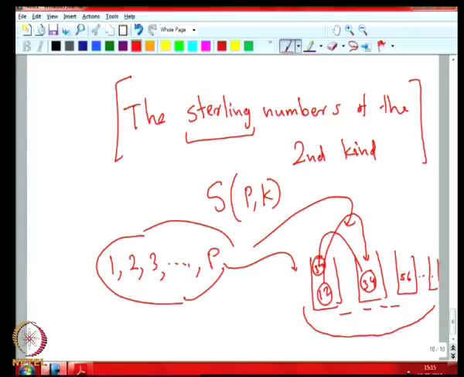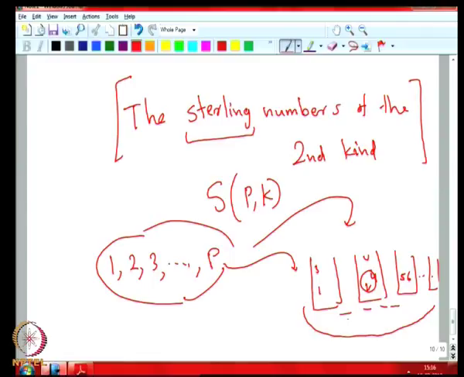As far as an outsider sees, it will be the same, because he sees 1 and 2 together in one box, 3 and 4 together in one box. But if you take 3 from here and put it with 1, making it 1, 3, and put 2, 4 here, then that is different, because earlier 1 and 2 were always together, but now he sees 1 and 3 coming together.